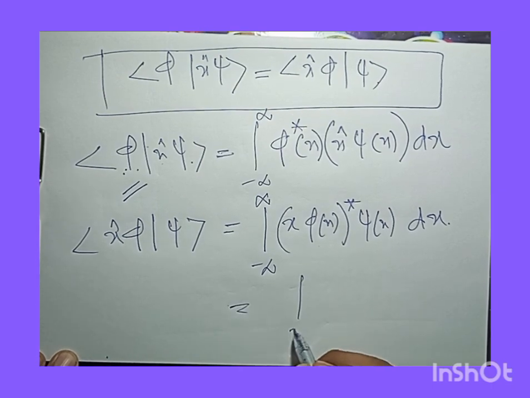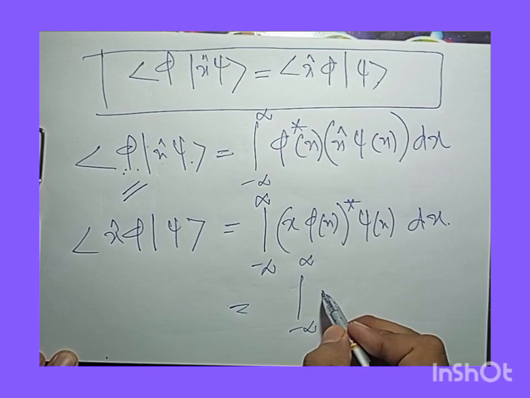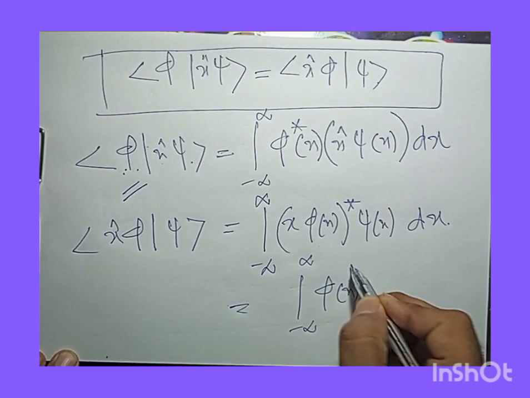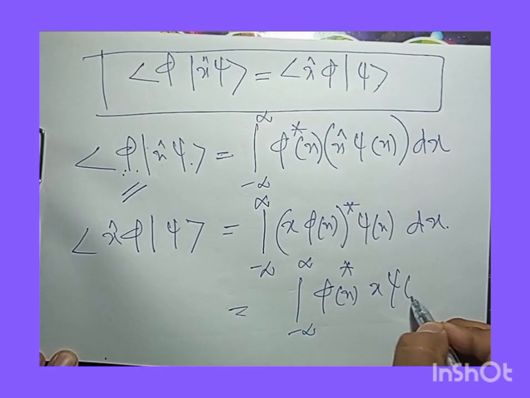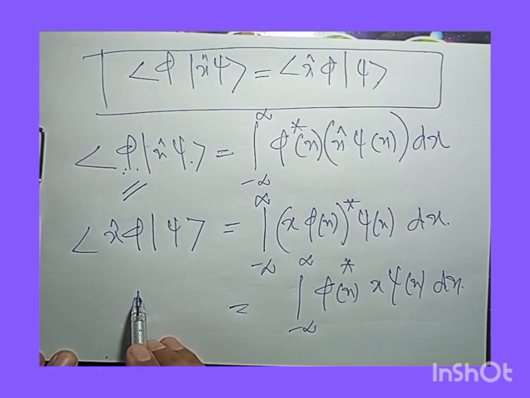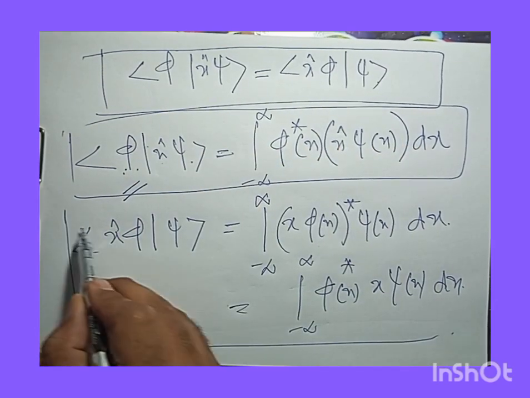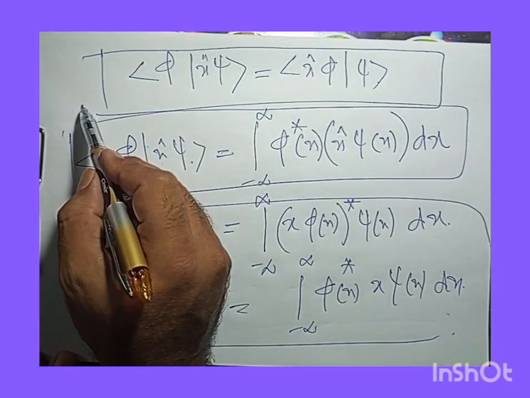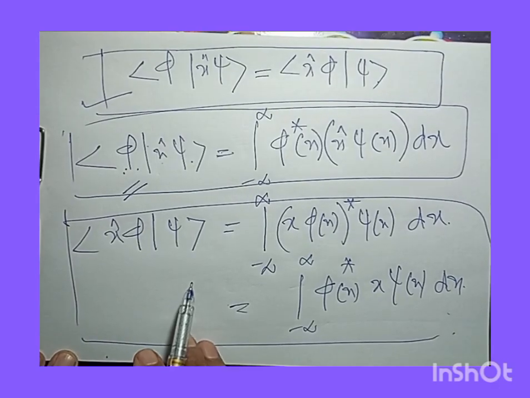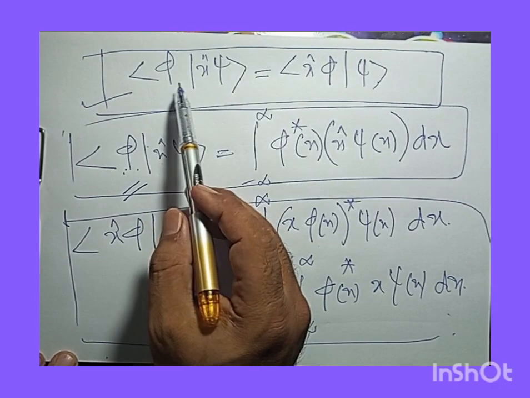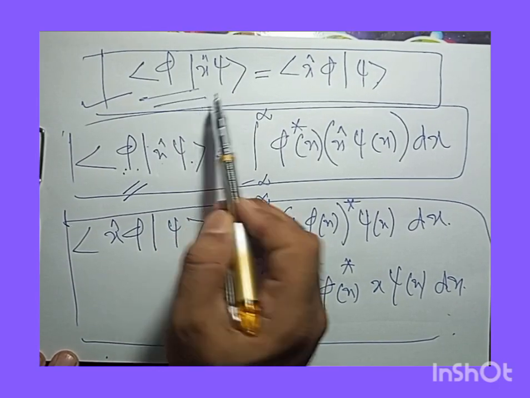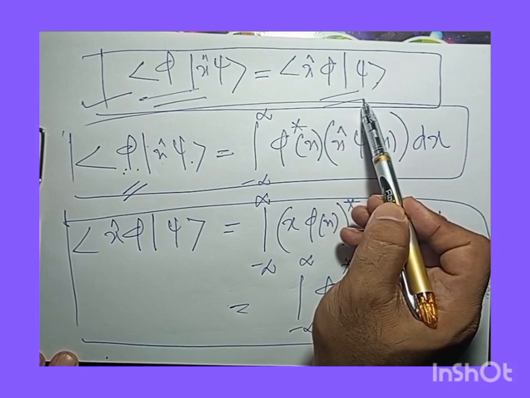What we come up with is the integral from minus infinity to infinity of phi star of x, x, psi of x dx. So if we compare these two, clearly this is equal to this.